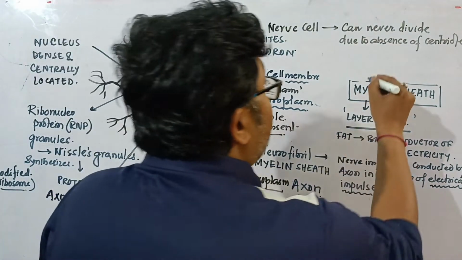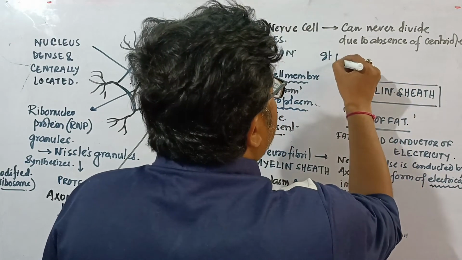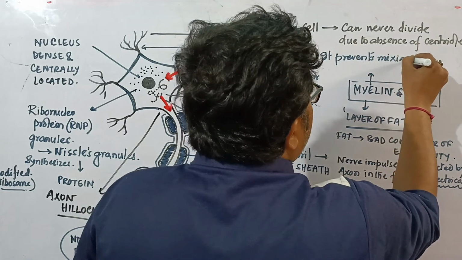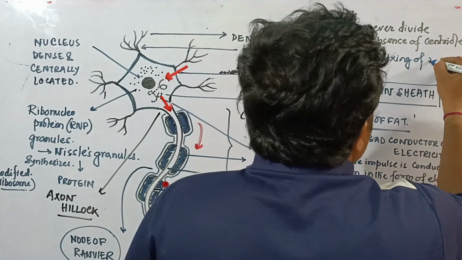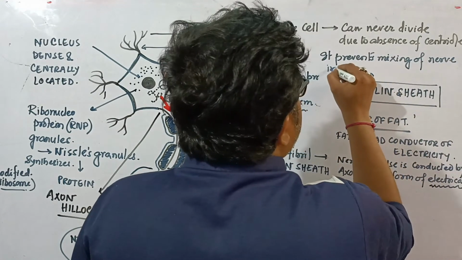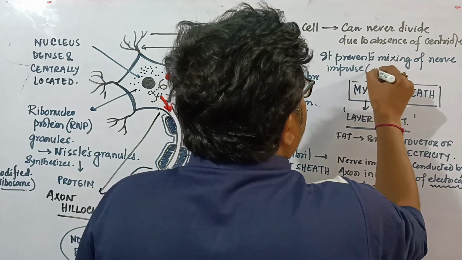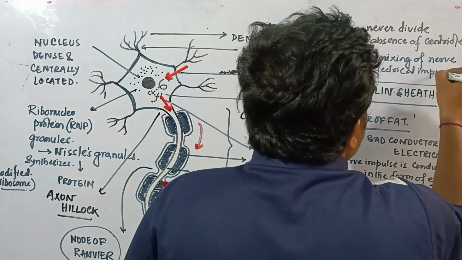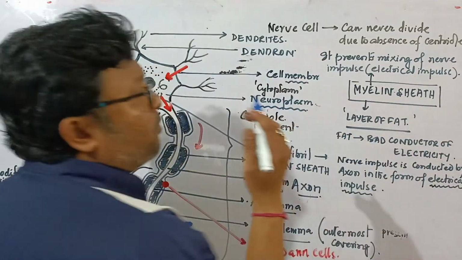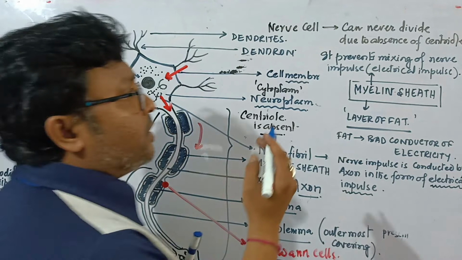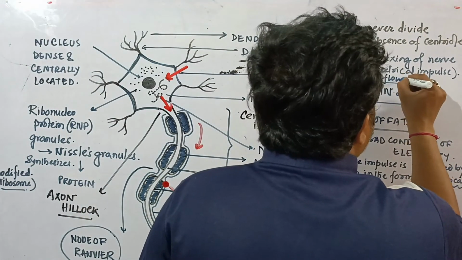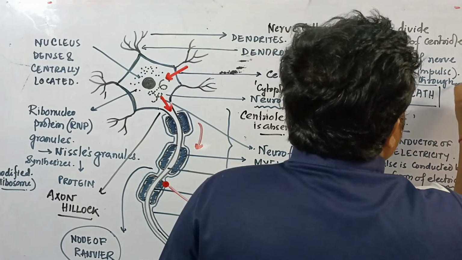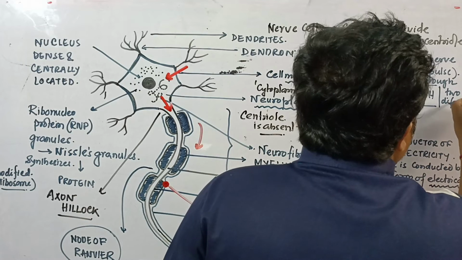So you can simply write that it prevents mixing of nerve impulse, in bracket you can write electrical impulse, flowing through two different neurons.